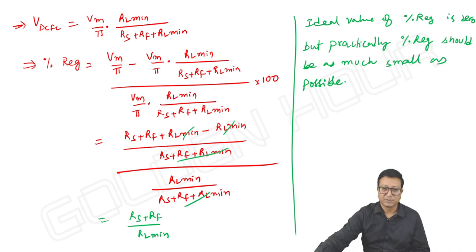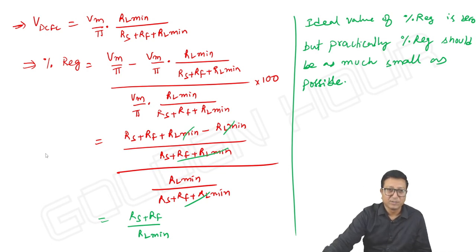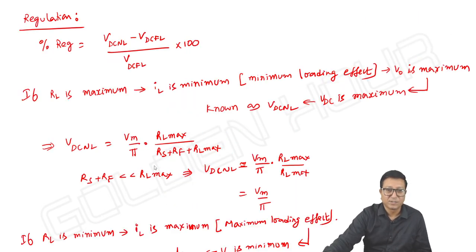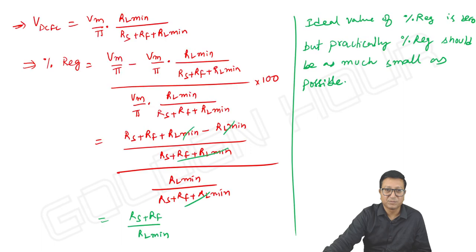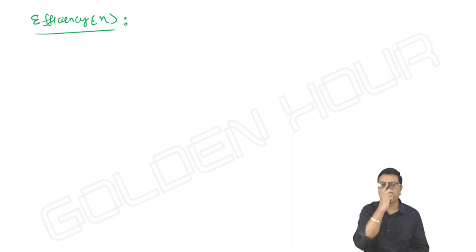Next one. Three parameters we calculated. Next one is efficiency. It is denoted by eta. So efficiency, conversion efficiency.